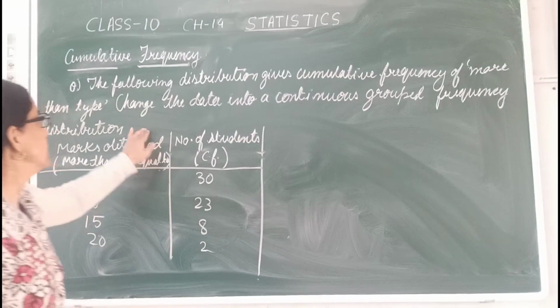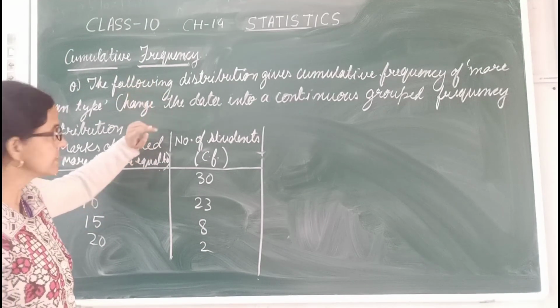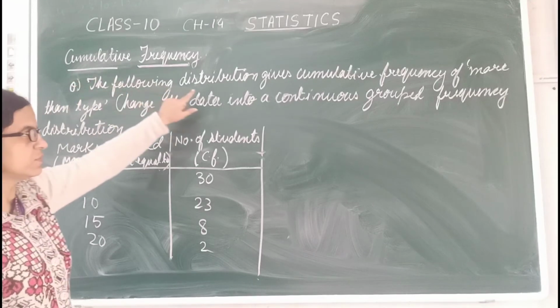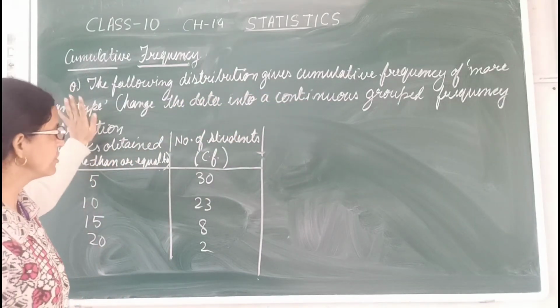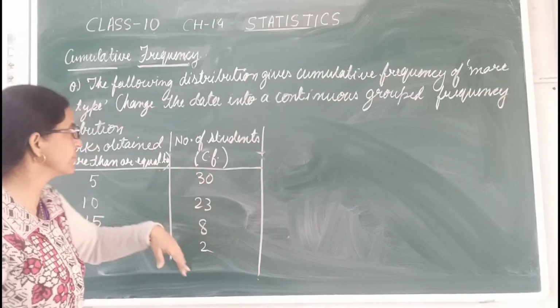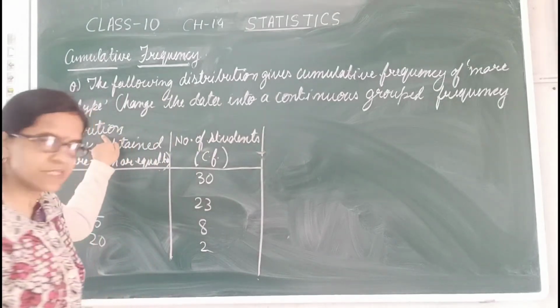So students, now in cumulative frequency, one example I have taken. Please understand this example. The following distribution gives the cumulative frequency of more than type. Now change the data into a continuous grouped frequency distribution.